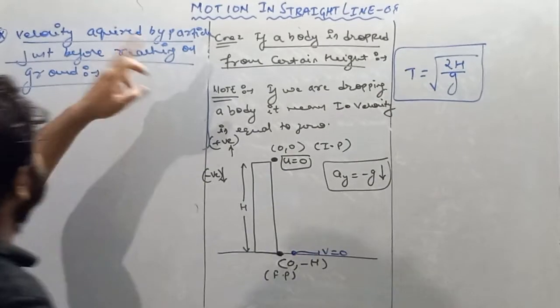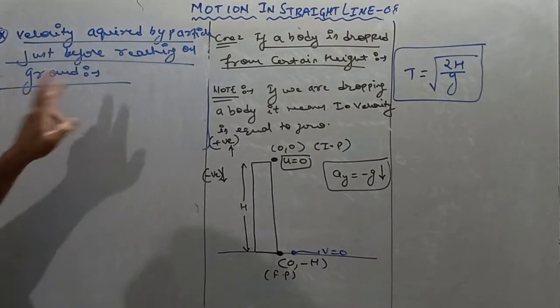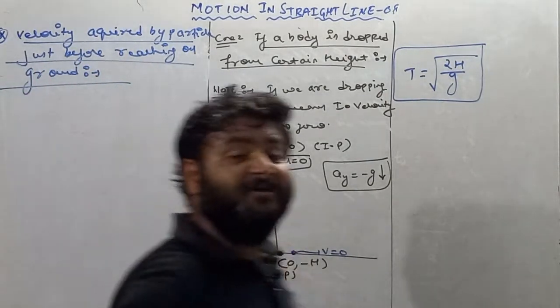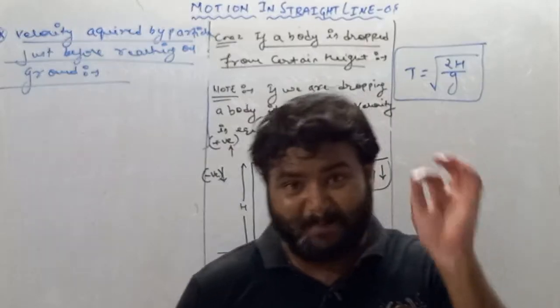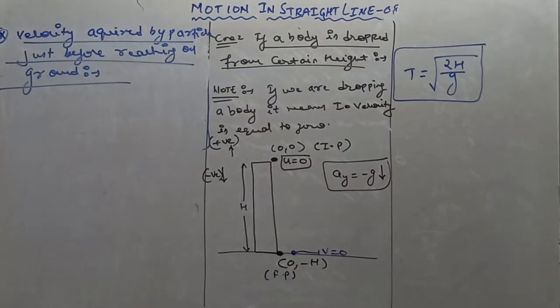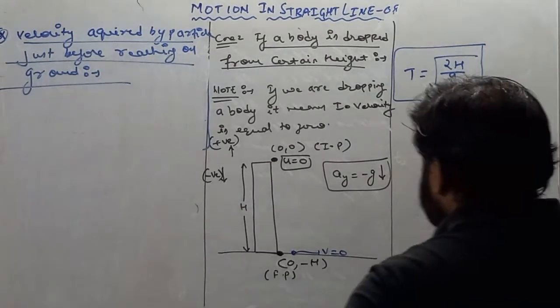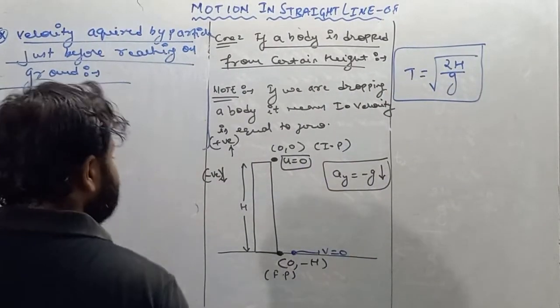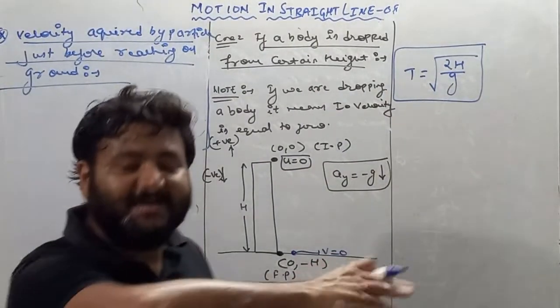So, the velocity acquired by the particle just before reaching the ground, write down in form of a note. Once the particle reaches the ground, its velocity is equal to 0.